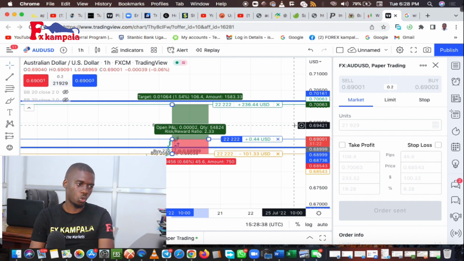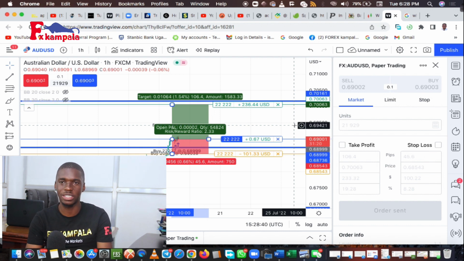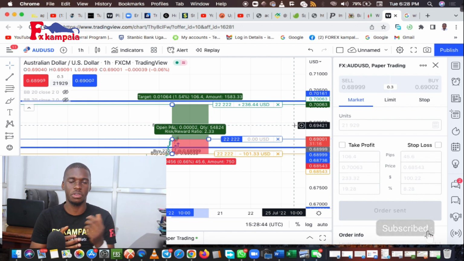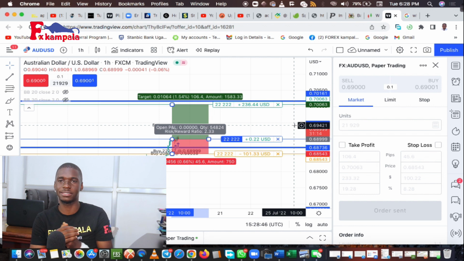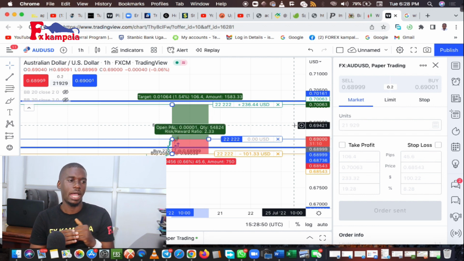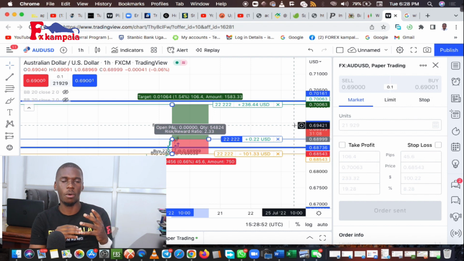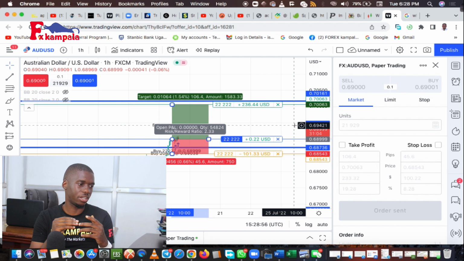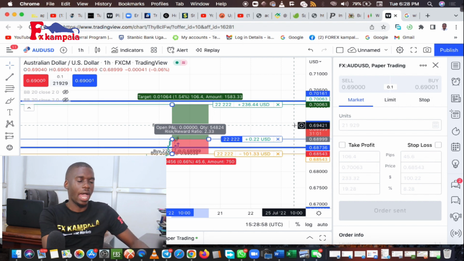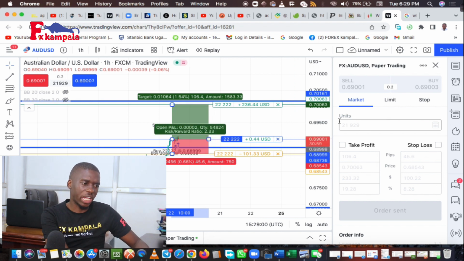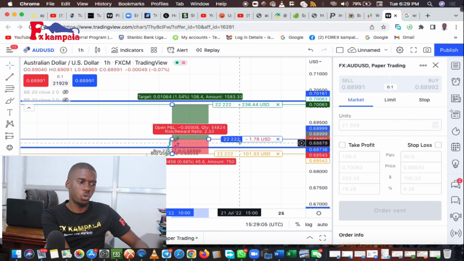Now, if you're to come back to the side of probably mostly the Ugandans, if you are using TradingView and probably we don't have brokers that are linked onto TradingView, we can just, after knowing our entries and putting in the risk, like for instance, we put in the risk and all that, then you usually have units here like 22.222.